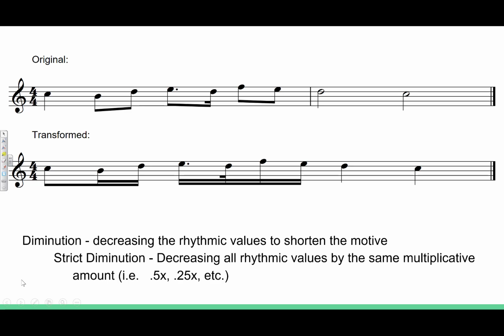Diminution is the opposite of augmentation. Diminution decreases the rhythmic values to shorten the motive. Notice we've gone from the original 2 measures down to 1 measure. There is what we call strict diminution, which decreases all rhythmic values by the same amount. Let's listen to the original melody followed by the transformation known as diminution.